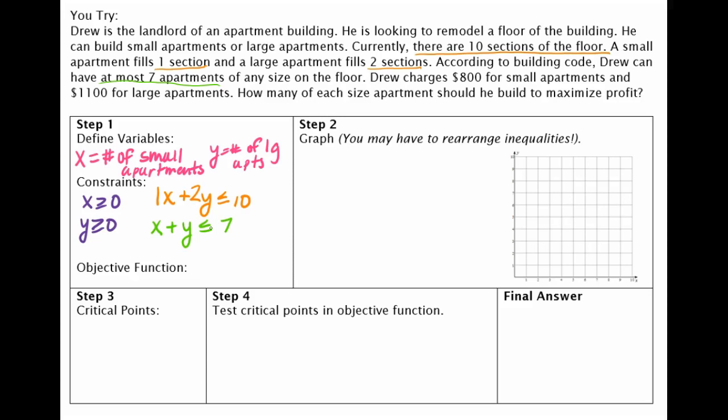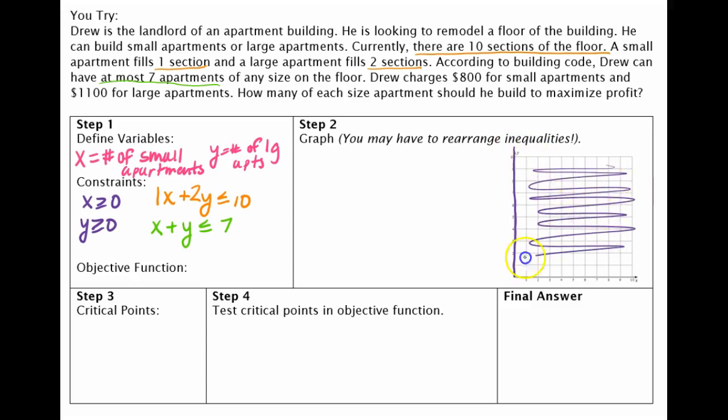All right, for step 2, we need to graph our constraints. Now the purple ones, those are almost unnecessary. All that the purple constraints do is that they limit us to the first quadrant. And if you look at this blank graph that you're given in step 2, it is already limited to the first quadrant. So if I graphed the inequality x is greater than or equal to 0, it would be this line right here, and then I would shade everything in to the right of it.